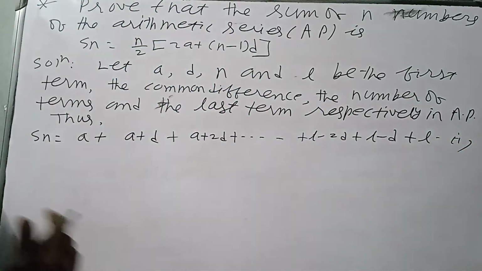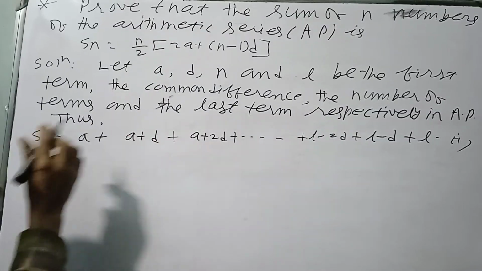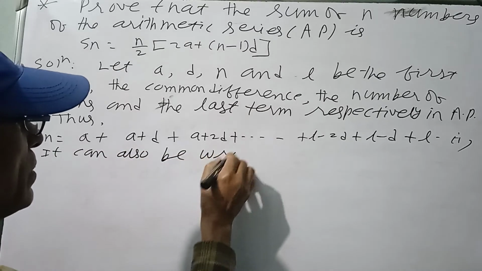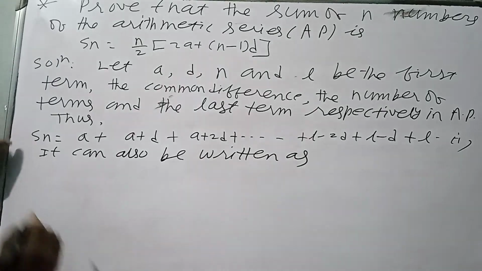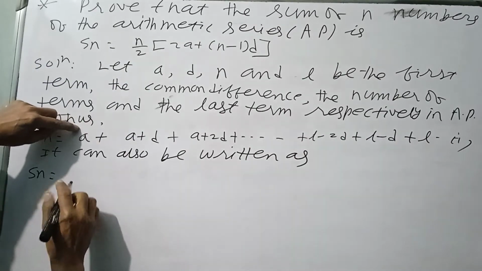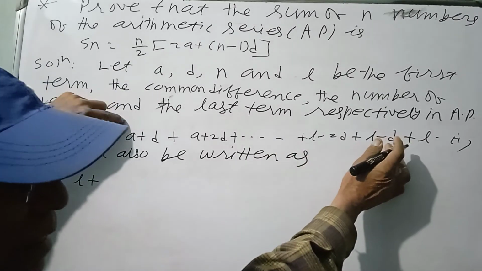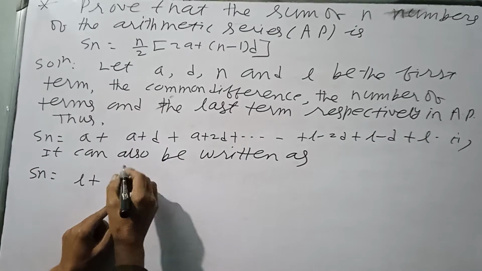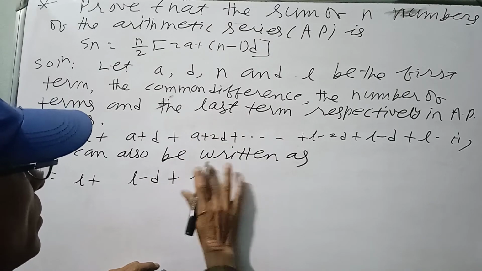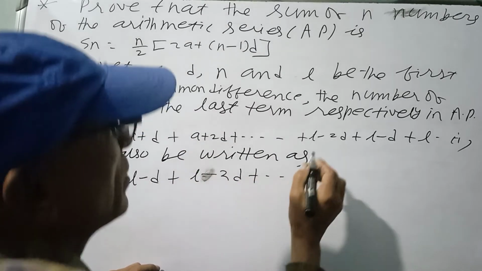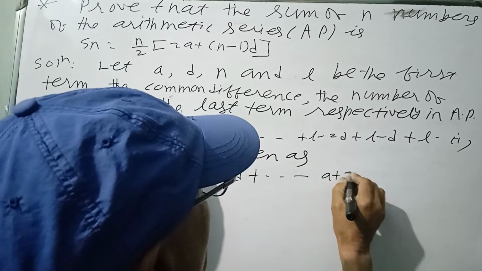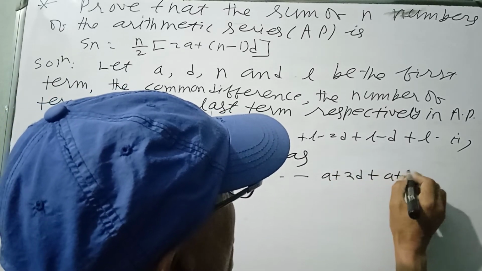This equation can also be written as Sn equals, from the last term, l plus the second last, written just below the second term, third last below, l minus 2d, third last, third term a plus 2d plus a plus d plus a.